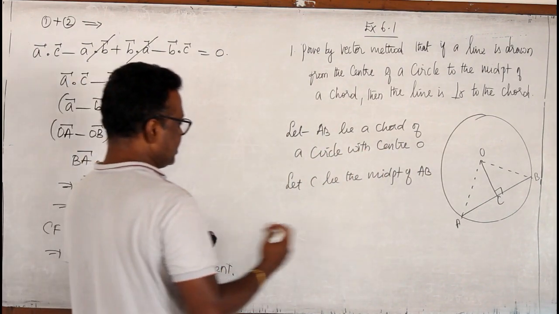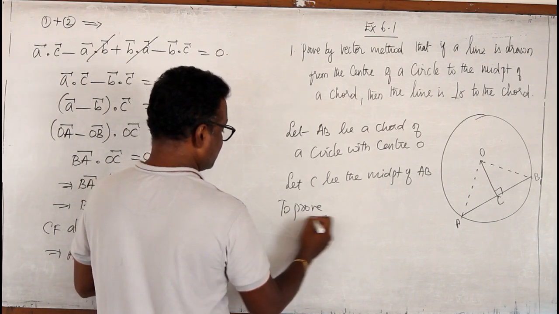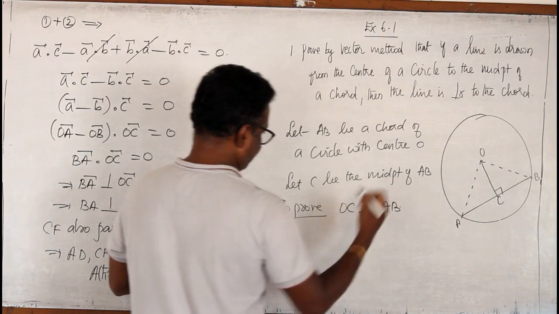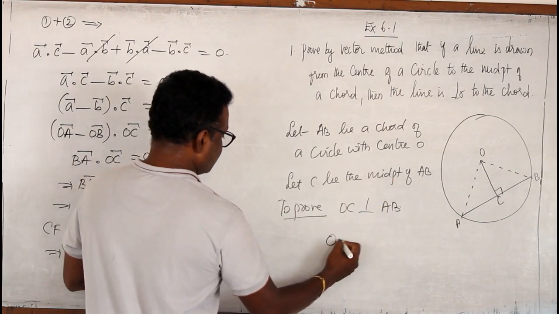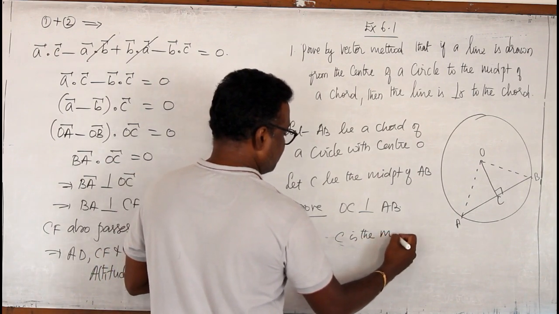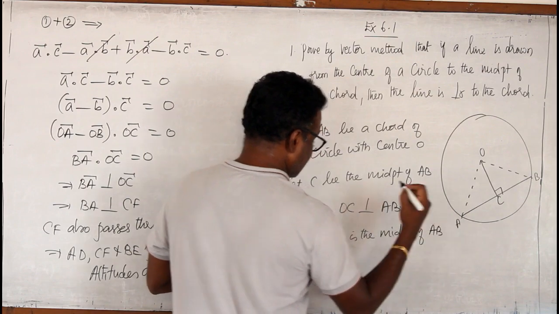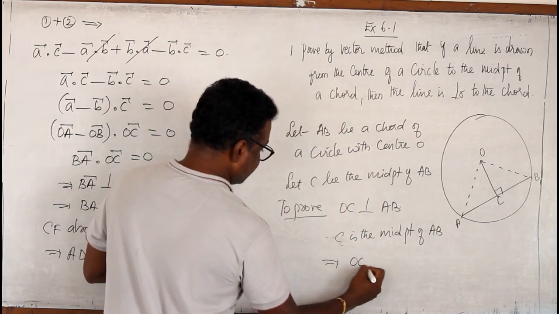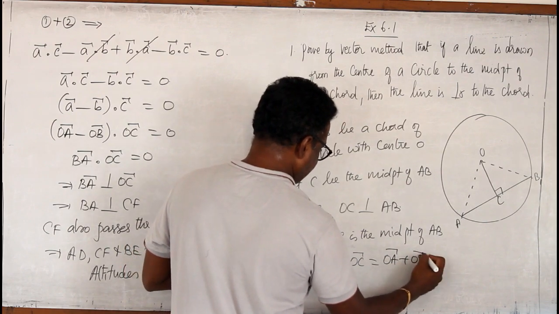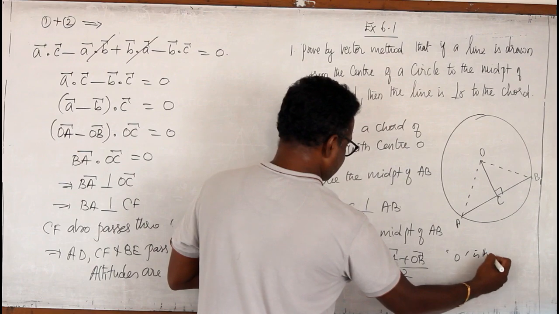Therefore, since C is the midpoint, what you have to prove is OC is perpendicular to AB. Now, C is the midpoint of AB. Then this implies OC vector is OA vector plus OB vector by 2, O is the origin.